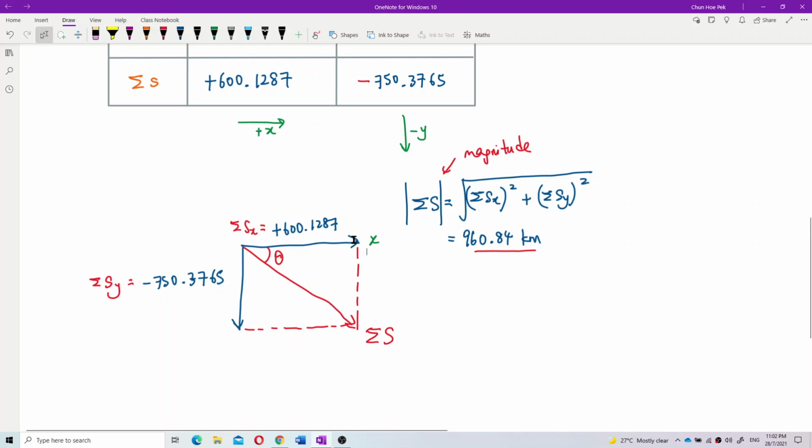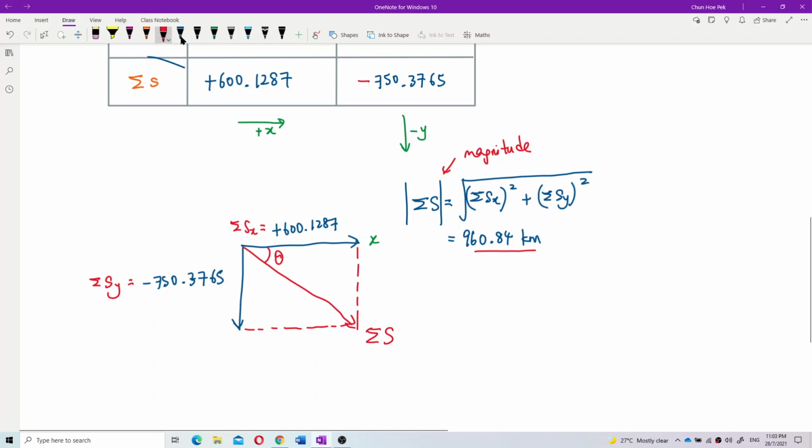You must mention which quadrant. Not necessarily say first quadrant or third quadrant. You just say it in terms of theta degree above or below the x-axis. Positive x-axis or negative x-axis? You need to tell that.